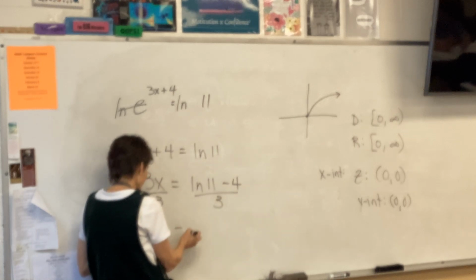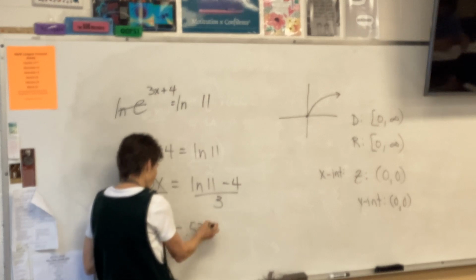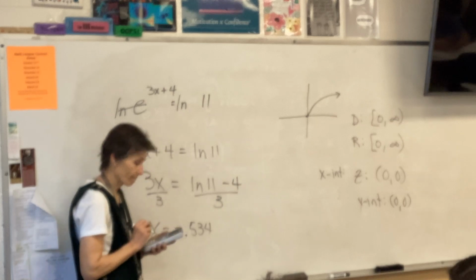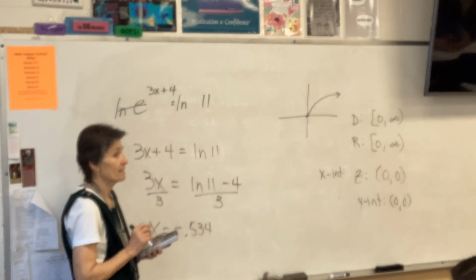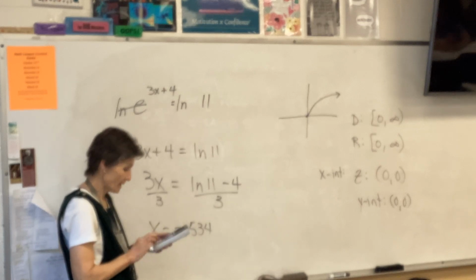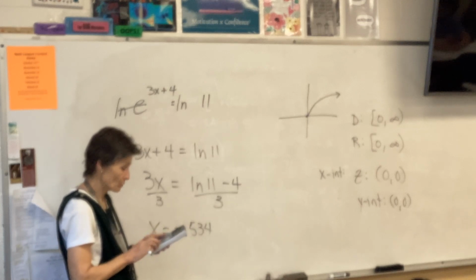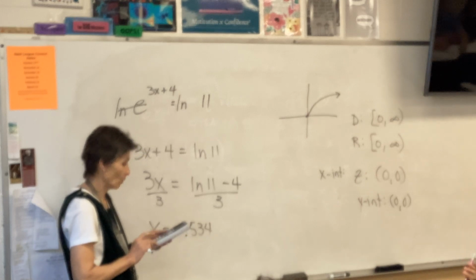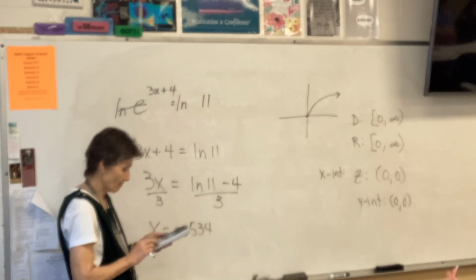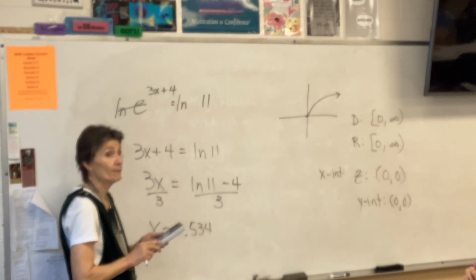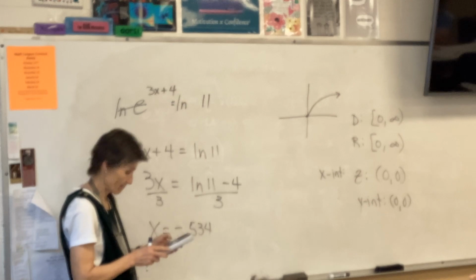Did you get negative 0.534? That's what you need to get. So type it in until you get that. Everybody good? Okay.